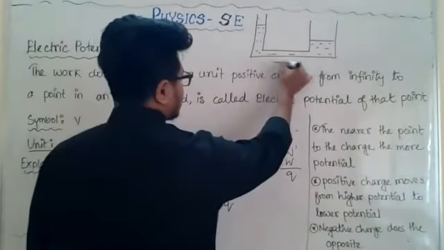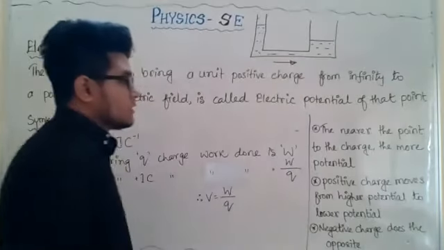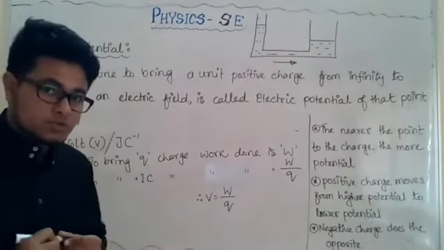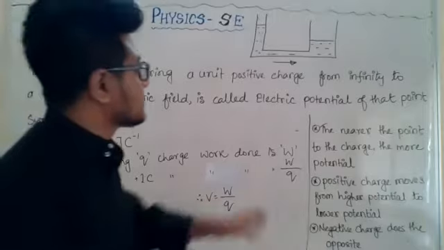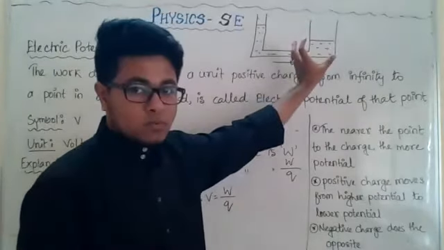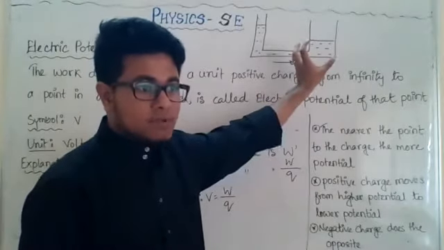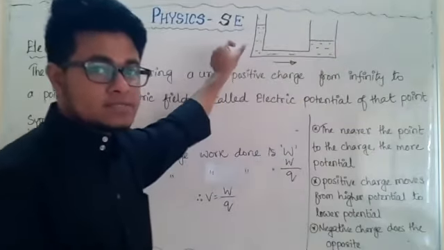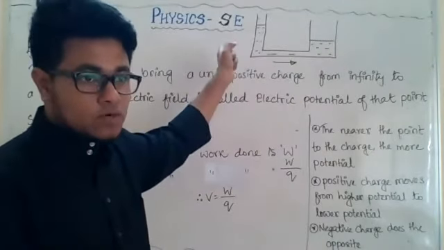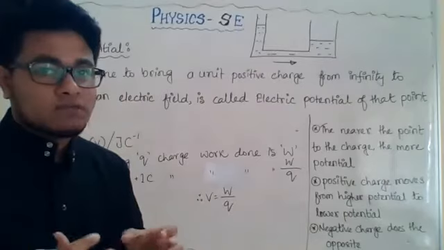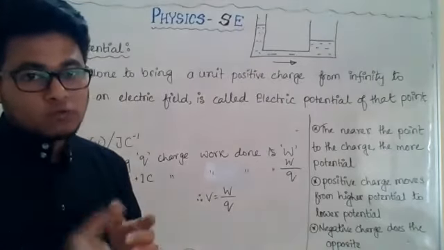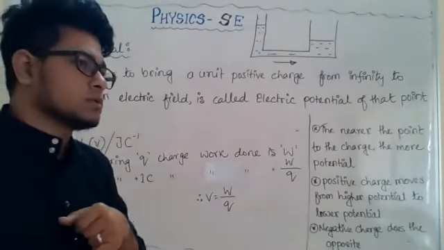Now, there might be a confusion. Some might say, sir, as this is a wider pot, there might be more water here, and as this is thinner, there might be less water. Actually, the water flow does not depend on the amount of water. Remember this always.